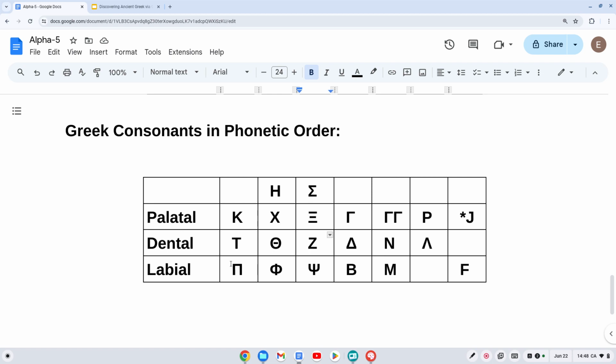Then you go back to your labials, which involve your lips. Plosive p, as in P, and then the plosive with a H sound after it, ph, and the plosive with the S sound after it, ps, as in psychology.